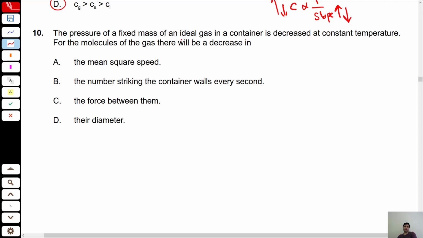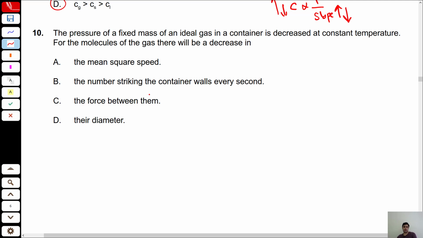The pressure of a fixed mass of an ideal gas in a container is decreased at a constant rate, at a constant temperature. For the molecules of the gas, there will be a decrease in, well, pressure is decreasing, and the pressure of a gas is due to the collisions of the particles against the wall of the container. So if you drop the pressure, it means the frequency at which these gas particles collide against the wall of the container will also drop.